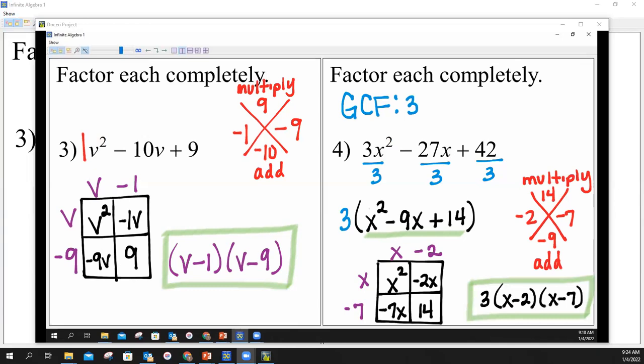Okay, so we have one more question, number 5, and that's going to end our algebra review for today. So I'll give you a moment if you're still taking down notes, and then we'll move on to our last question.